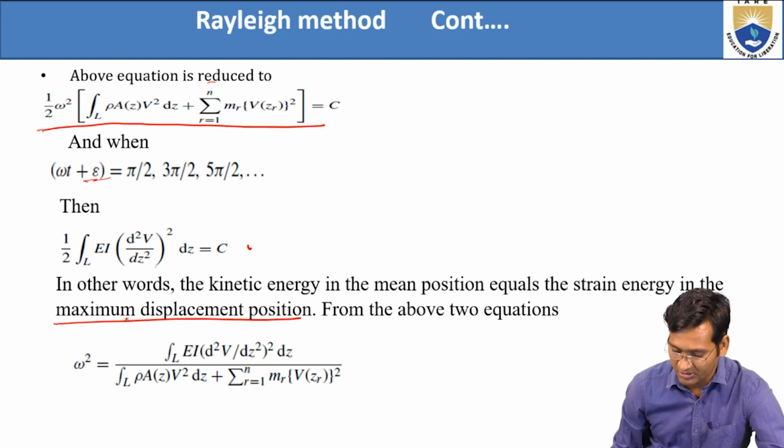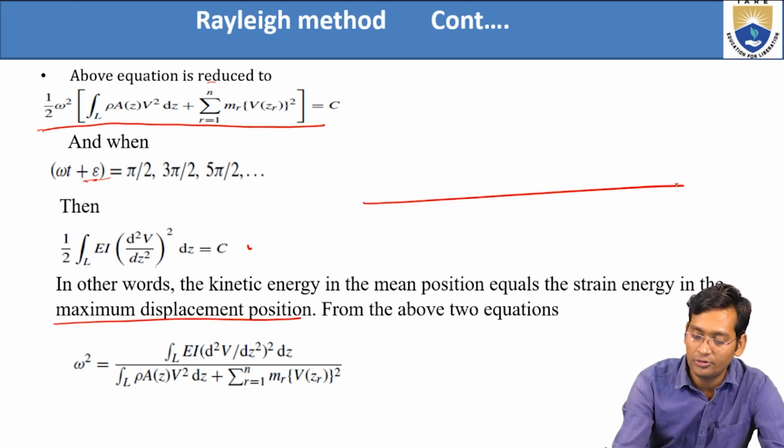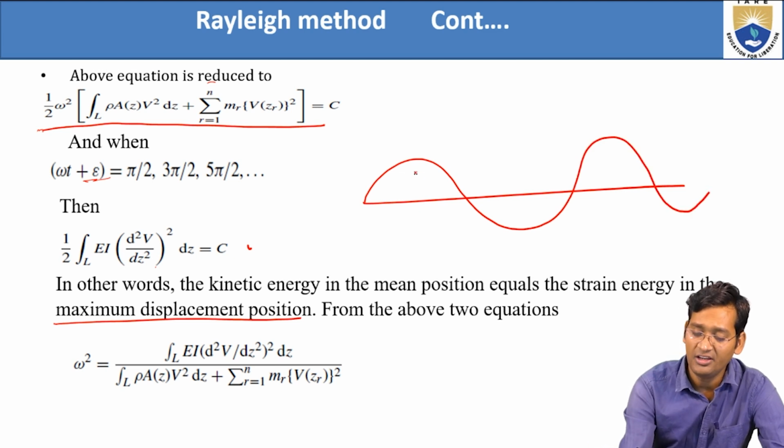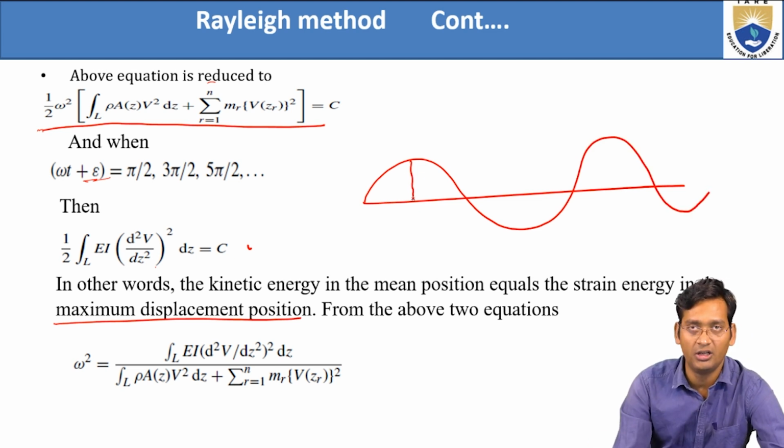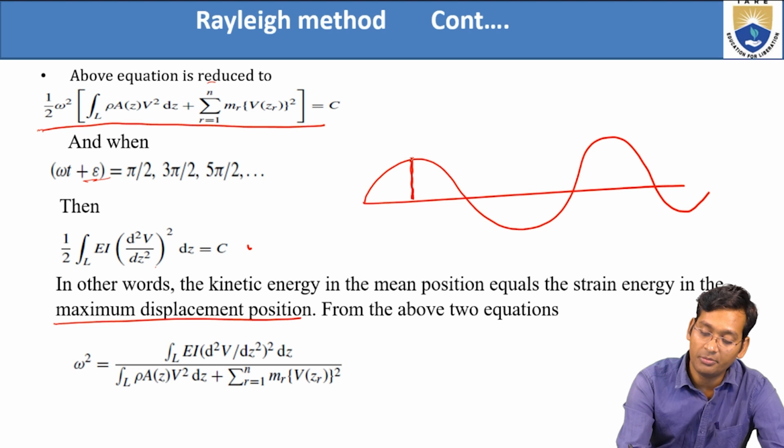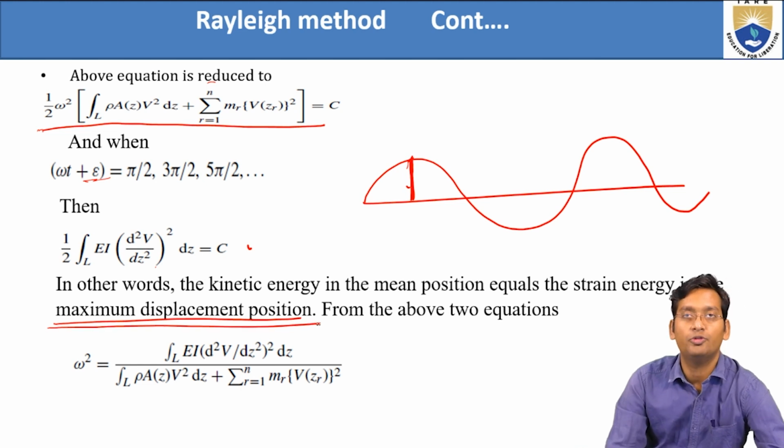So wherever the maximum displacement is there, see, just now I showed, right? So here this is the mean position, and here kinetic energy in the mean position equals the strain energy. So this is the kinetic energy at mean position, and that will be the maximum displacement, right? So that will be the maximum displacement position, right?